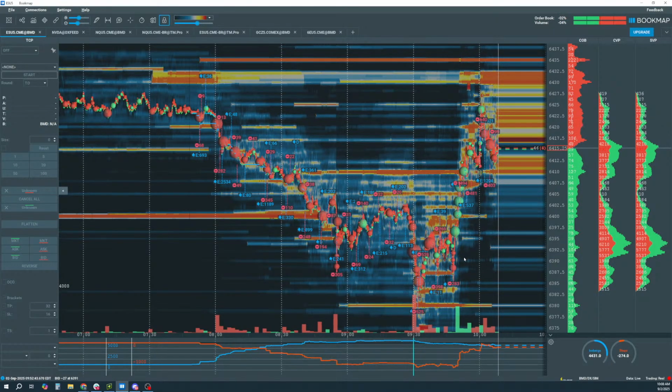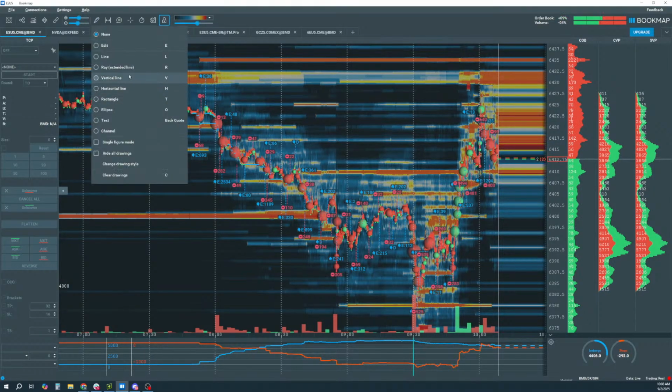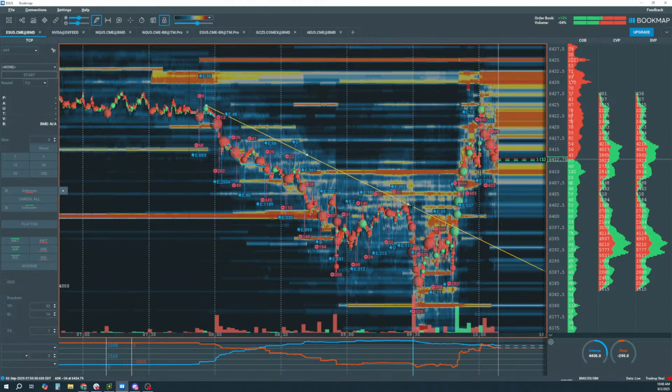This is a pretty wicked move. Actually, I bet a lot of you guys probably saw this coming. And we had some data at 10 a.m. as well.